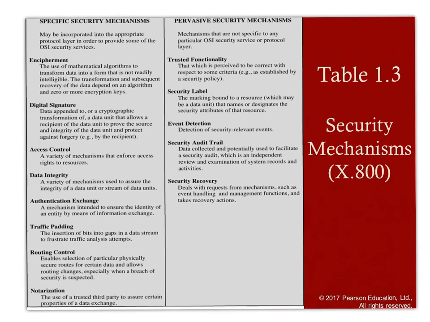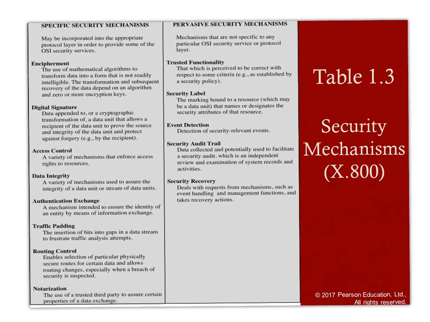So when it comes to security mechanisms, we can group some of these mechanisms together in order to provide some security service, as we have discussed last time. So for example, if we need to have confidentiality, we need to have encipherment, we need to have, for example, routing control, we may have some traffic padding.